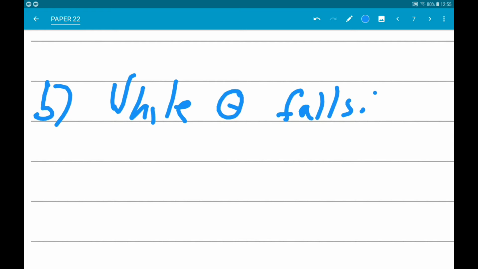So, what we can do here is find the time that it takes for Q to hit the floor. So, we're using suvat.